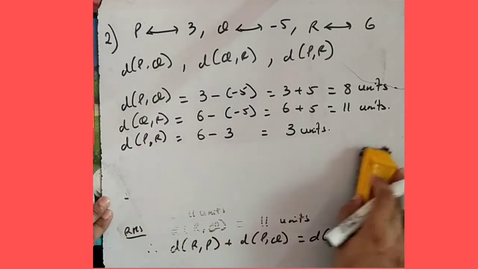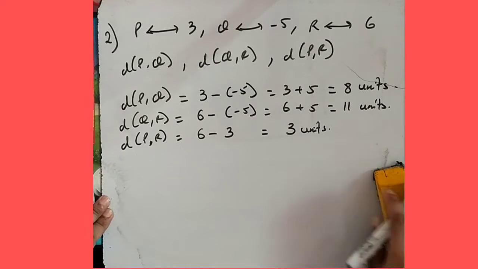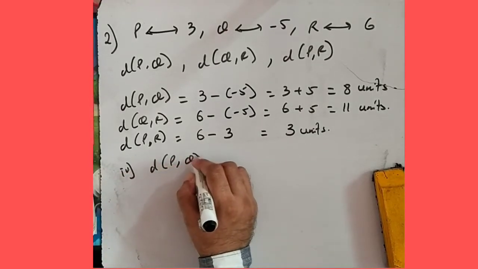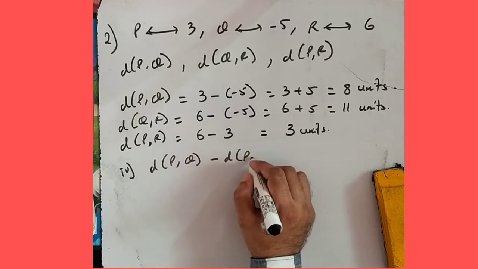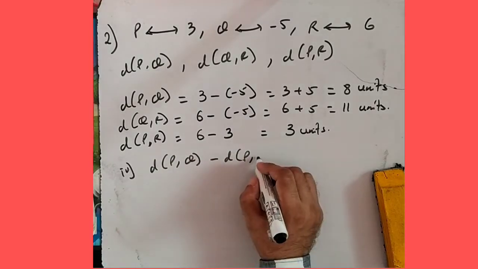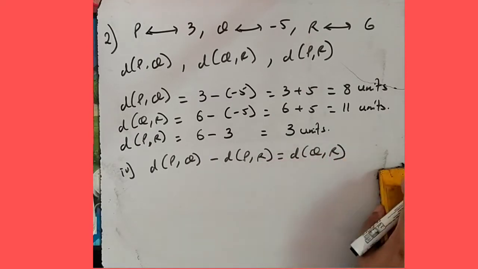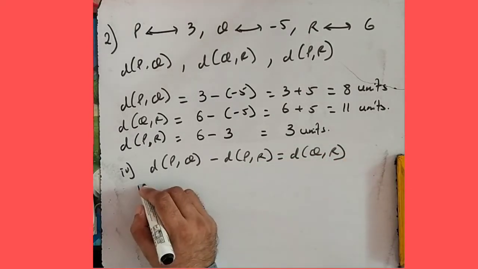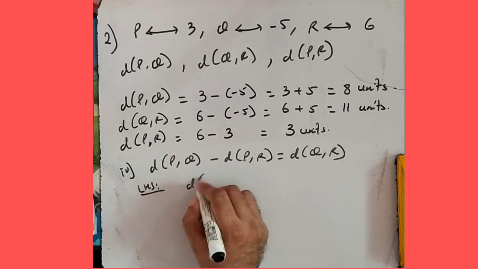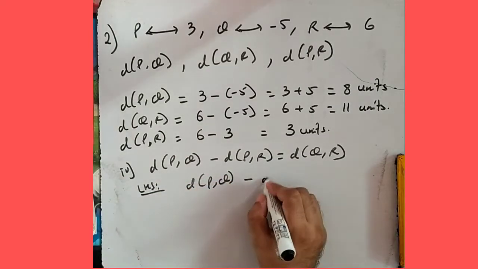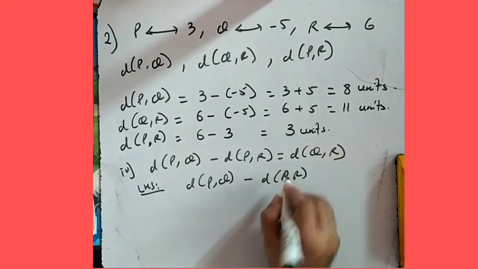Now let us see the fourth one. It is given to check whether the statement is true or false: distance PQ minus distance PR is equal to distance QR. In the same way, first we take LHS, distance PQ minus distance PR. Substitute the values.